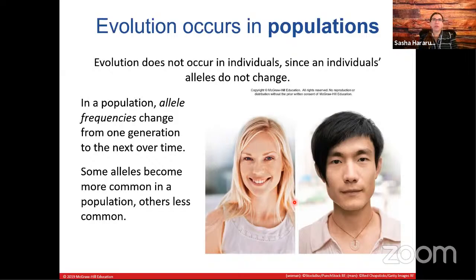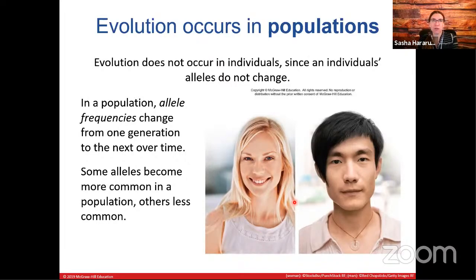So, what is important to understand about evolution? One of the basic things is that it does not occur in individuals, since the individual's alleles do not change. It occurs in populations, so in many individuals living in the same kind of regions.